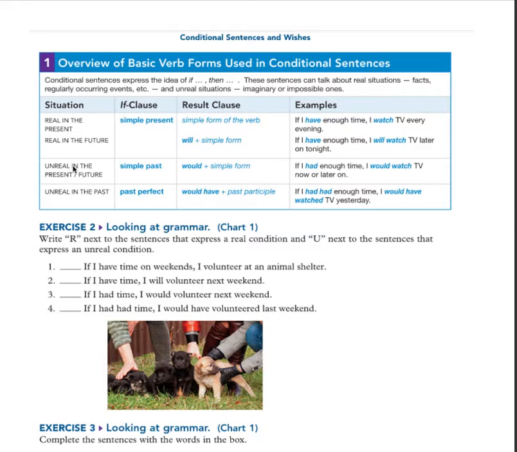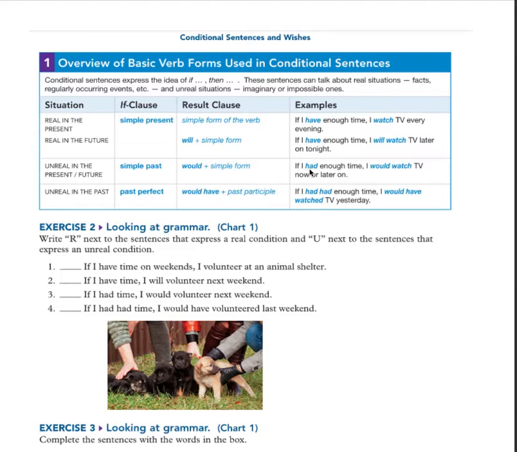Now, if the situation is unreal in the present or future, the if clause verbs are going to be in the simple past. Okay? And the result clause, would and the simple form of the verb. If I had enough time, I would watch TV now or later on. So look at the verb in the if clause.